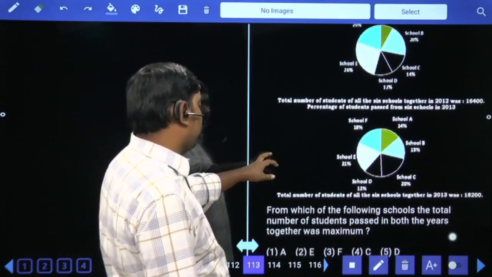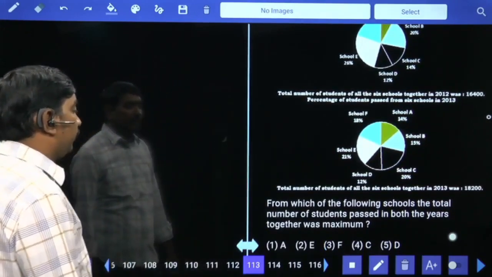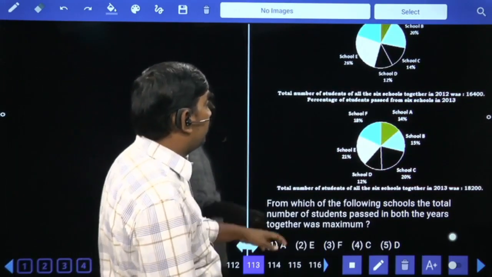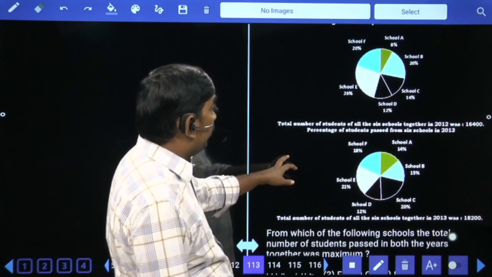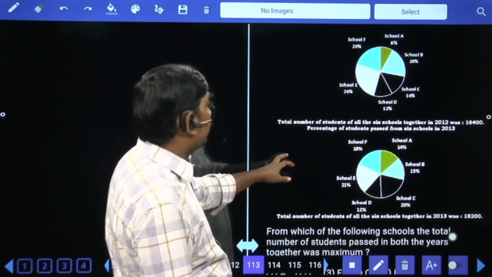From which of the following schools was the total number of students passed in both years together maximum?